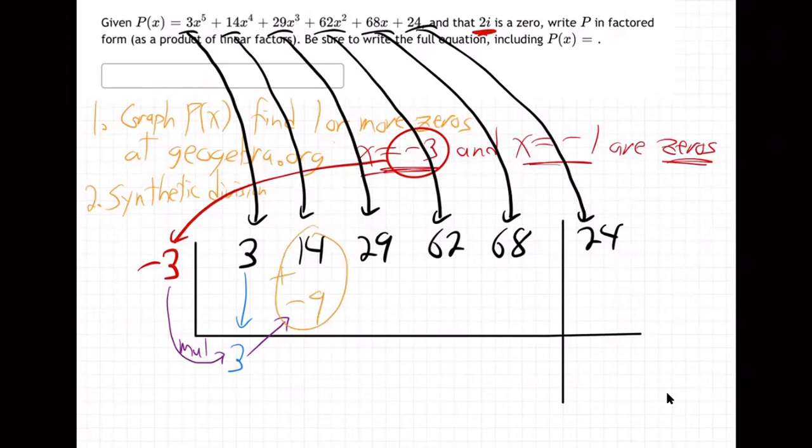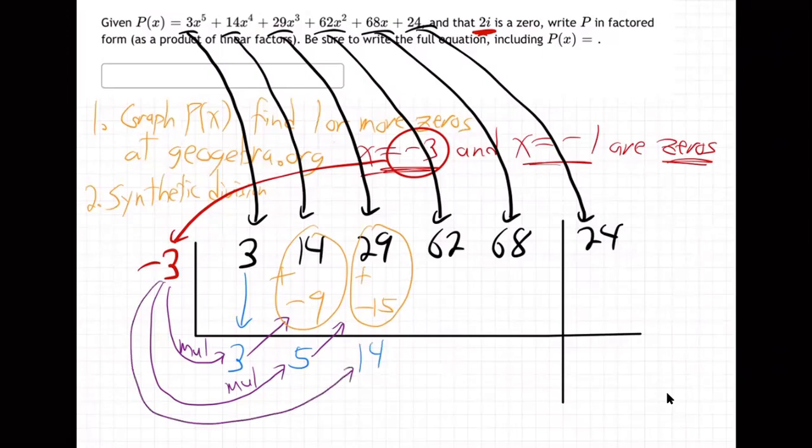So 14 minus 9 is what? 5. And then you do it again. You multiply. Minus 3 times 5, and you write the answer right there. Minus 15, and you add them up. 29 minus 15 is what? 14. And then you multiply.